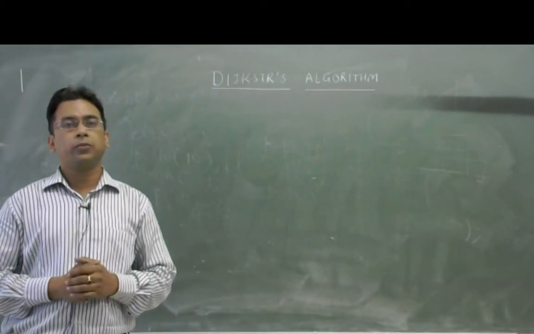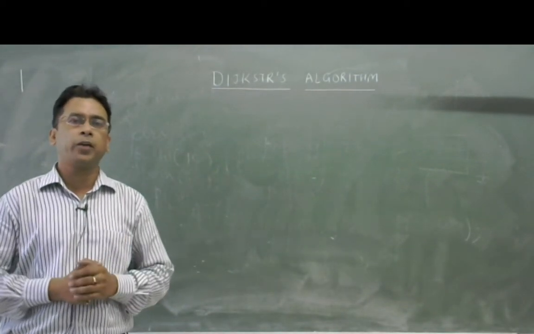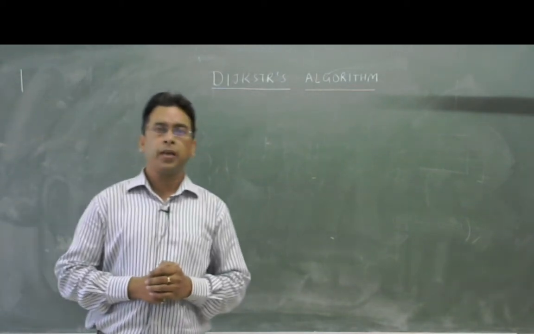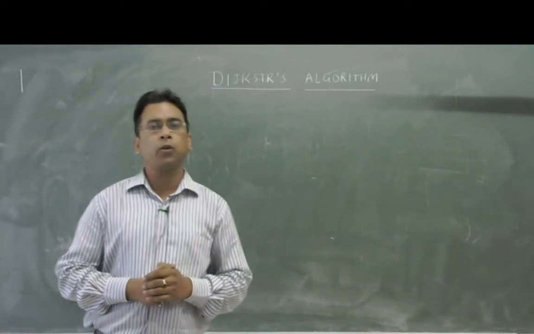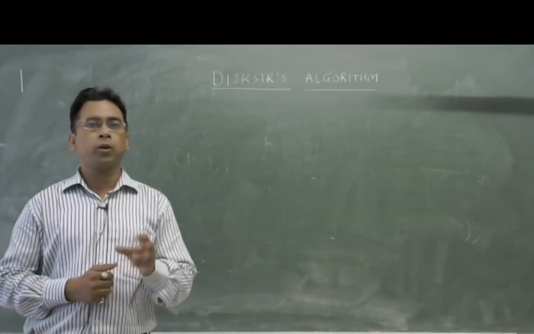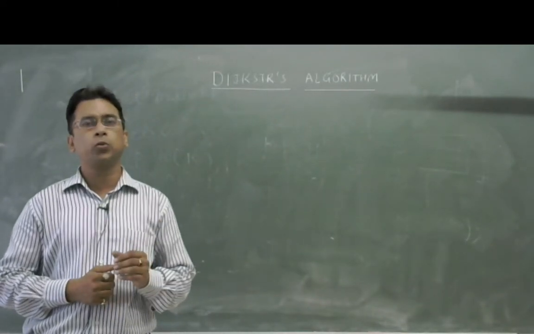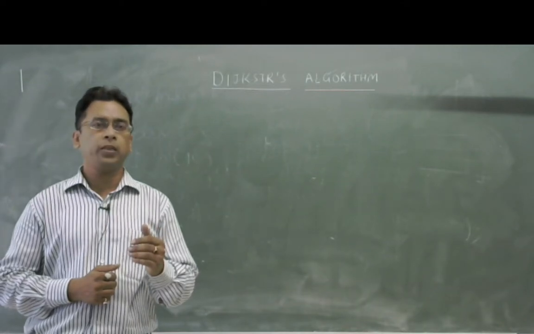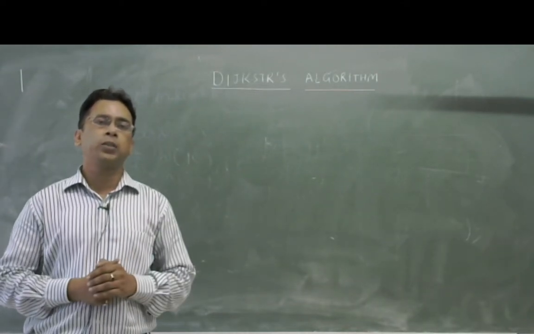First of all, this algorithm is very much similar to Prim's algorithm, and it is based on the greedy approach. It means in this algorithm, we select a source and we try to find out the neighboring nodes which are at the closest distance.